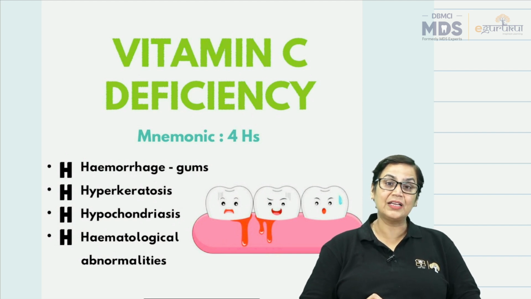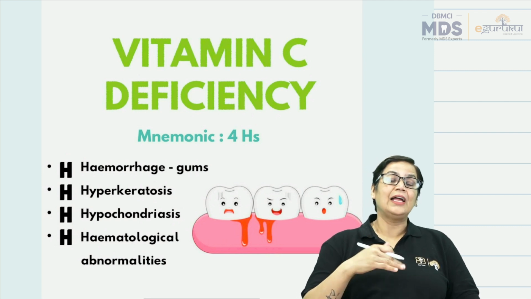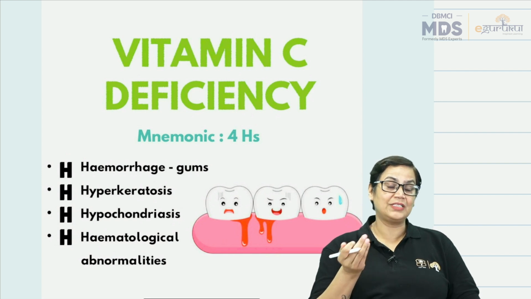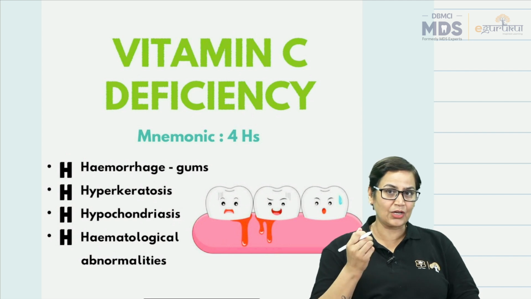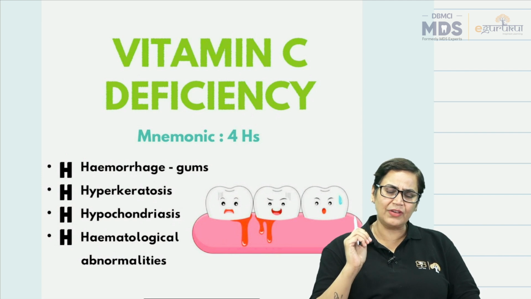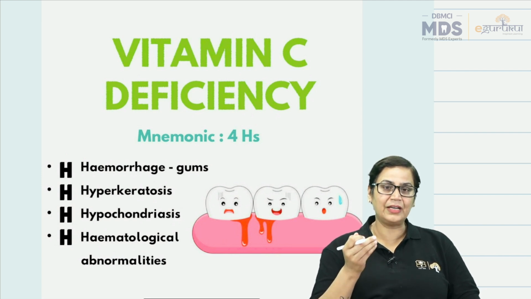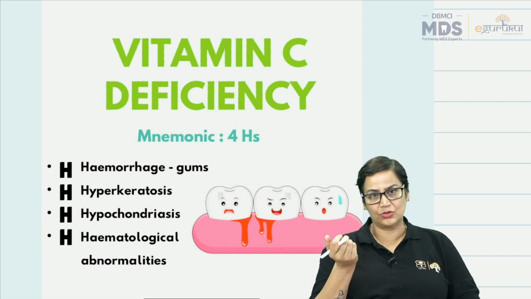And this question has been asked in the exam also, that proline and lysine hydroxylation requires vitamin C, and along with vitamin C, what are the other components? So the other components are molecular oxygen and iron. And vitamin C always increases the absorption of iron. That is why vitamin C had a very important role to play during COVID also.